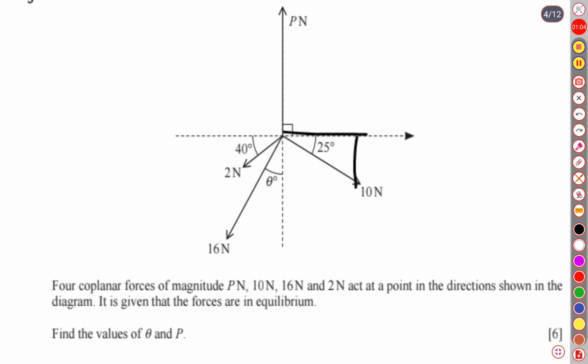This is the first triangle, the second one is here, then the third one is this one. First of all, we should know that the forces are in equilibrium. That means there is no resultant force either horizontally or vertically. So let us start our solution.